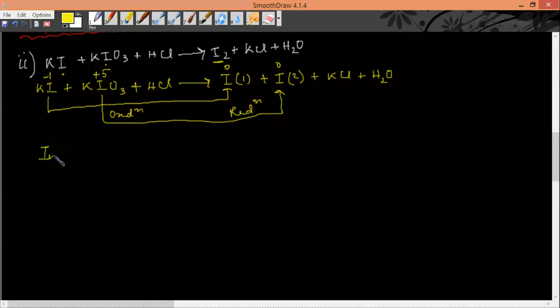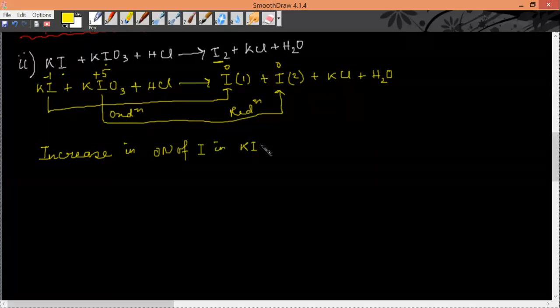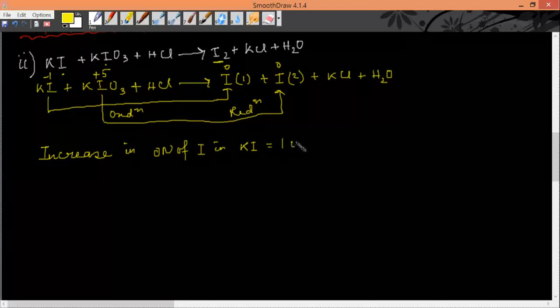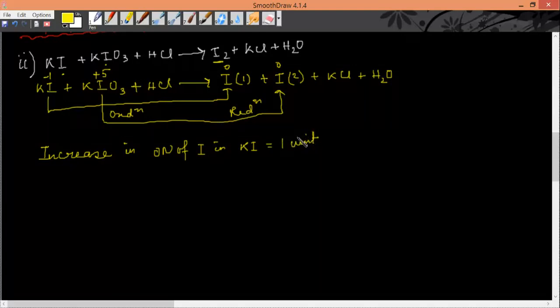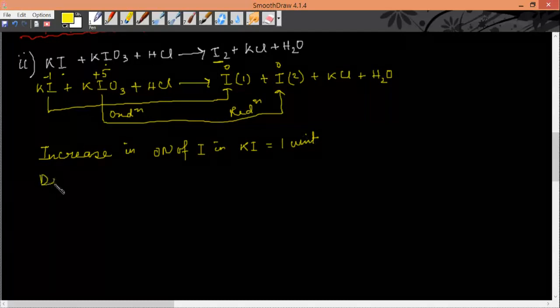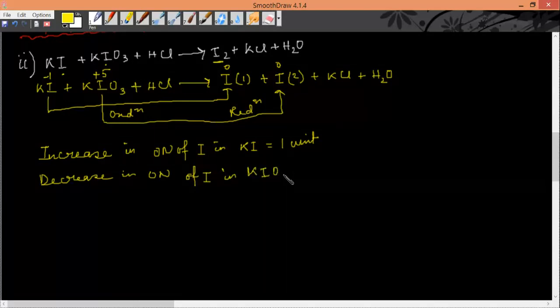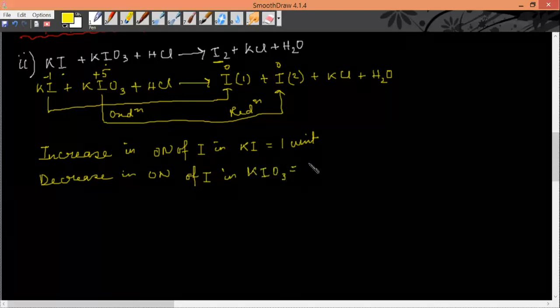So the increase in oxidation number of iodine in KI is equal to 1 unit, and the decrease in oxidation number of iodine in KIO3 is equal to 5 units.